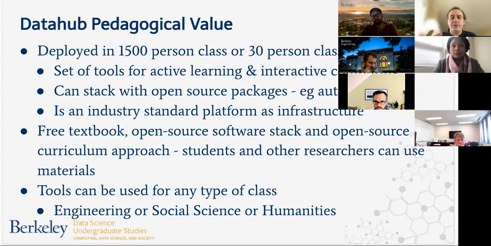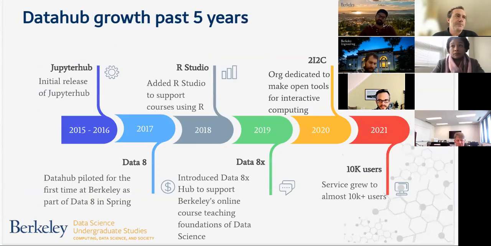So people at other universities can share examples and borrow what they want to borrow. And finally, it's really robust that these tools are not for a single department or a single part of campus. Digital humanities, social science, engineering, all can be using similar tools.